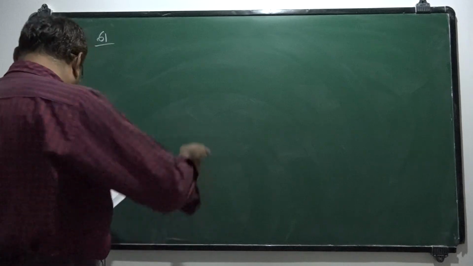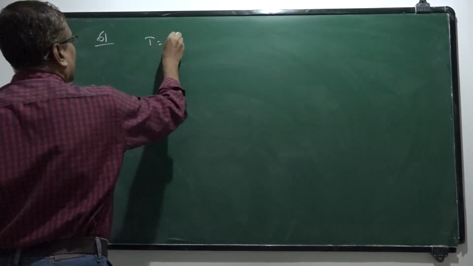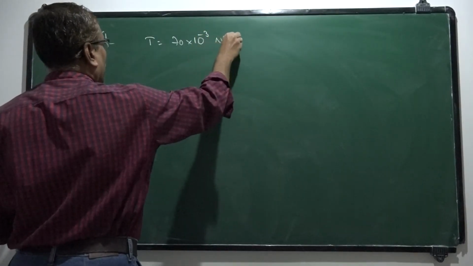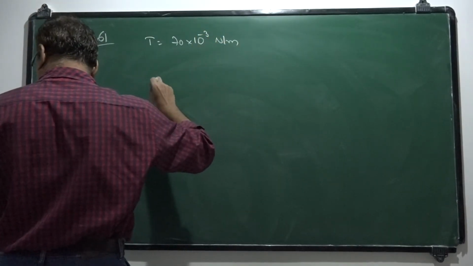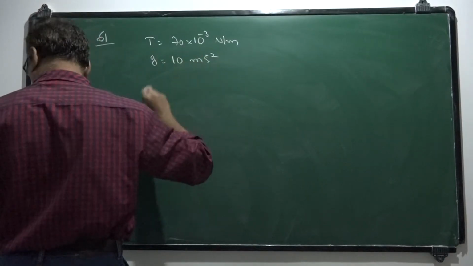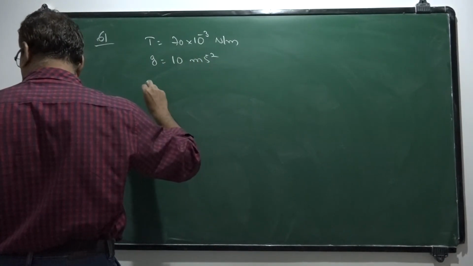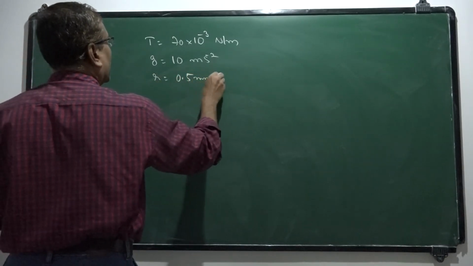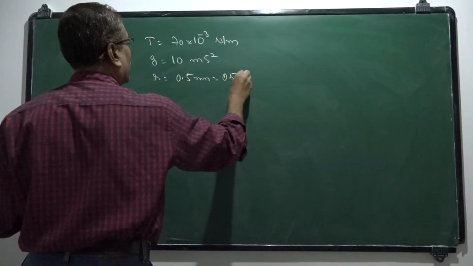Here in this problem, T is given as 70 into 10 to the power minus 3 Newton per meter, and g is taken as 10, and the radius of the capillary tube is 0.5 millimeter, that is 0.5 into 10 to the power minus 3.